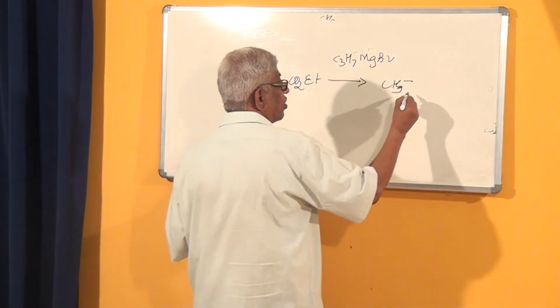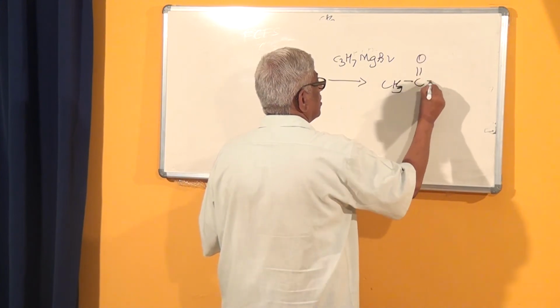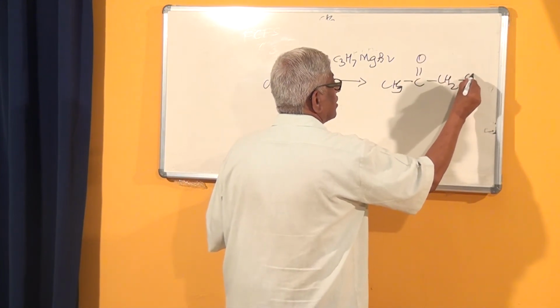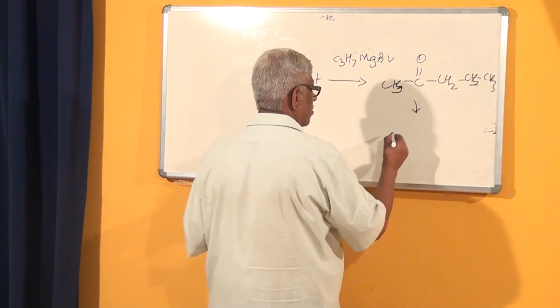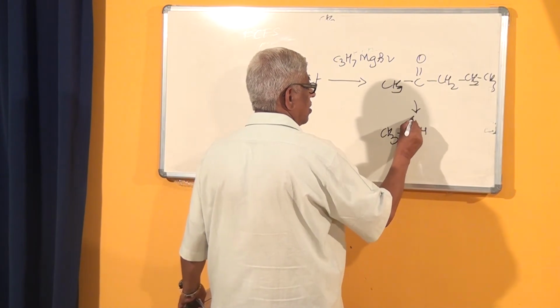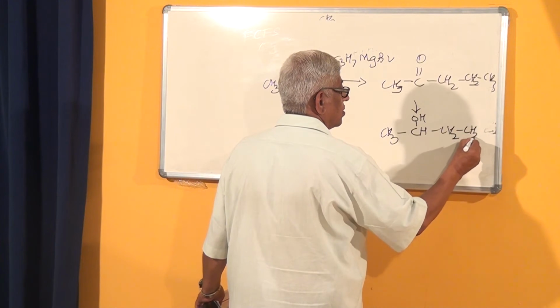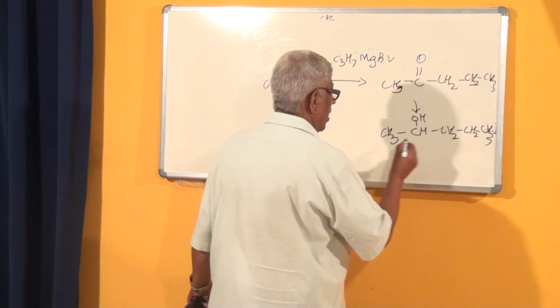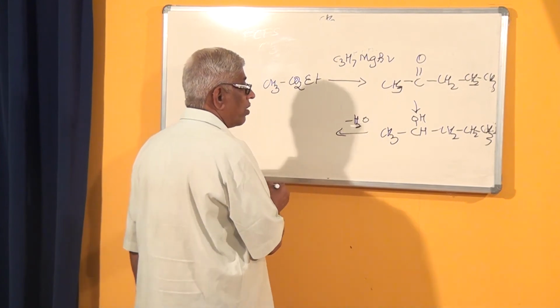Initially you get a ketone, CO, CH2, CH2, CH3, and this ketone can go further to form a carbinol, and on dehydration this will give an olefin.